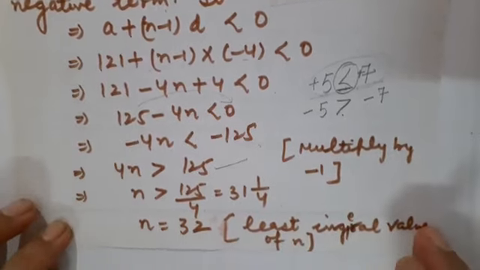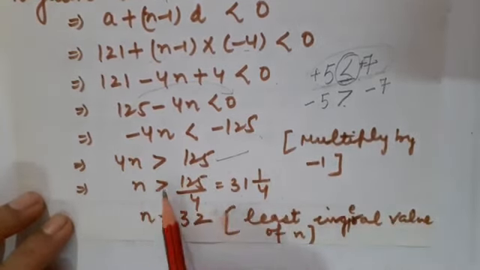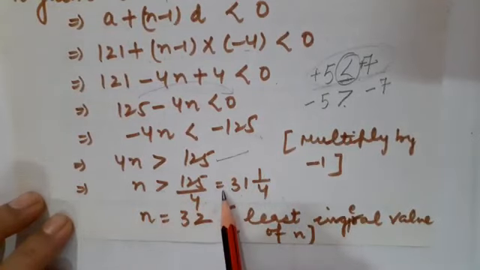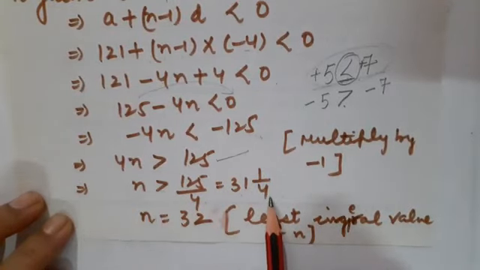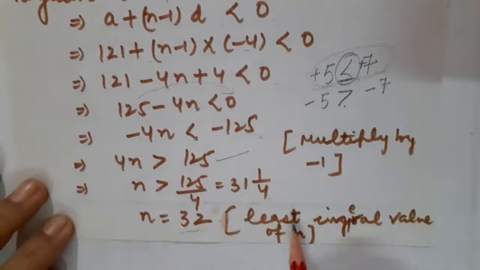Fine. But because it is through this expression that I have come to know that n is greater than 31 whole 1 upon 4, what is the actual value of n? Basically, as you know, n is a positive integer. So the least integral value of n will be n is equal to 32.